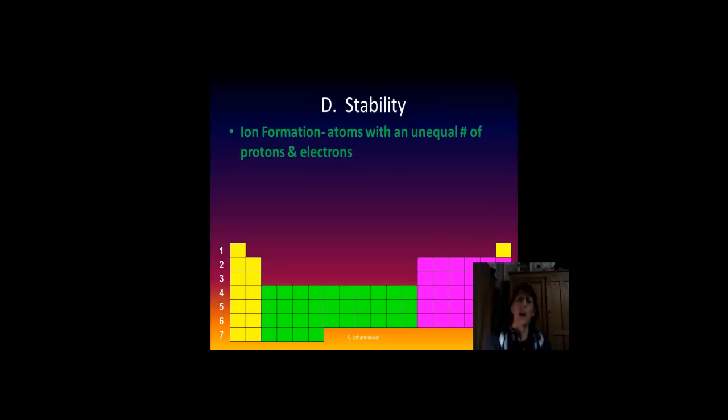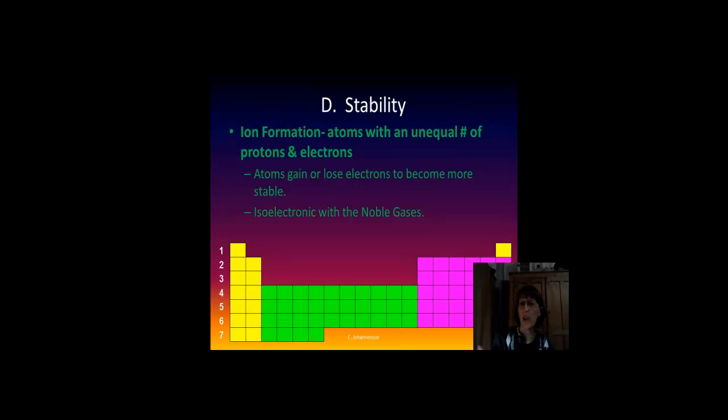Now, when you talk about ions, you have something where you've altered the number of electrons, so you have an unequal number of protons and electrons. So the atoms gain or lose electrons to become stable. Again, that word stability is really important. Why are they reacting? They're reacting to gain or lose electrons so that they become stable. When they're stable, it means that they have become isoelectronic, so same valence electrons, as the noble gases.